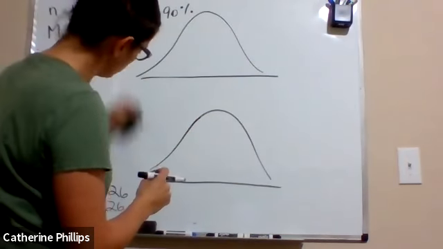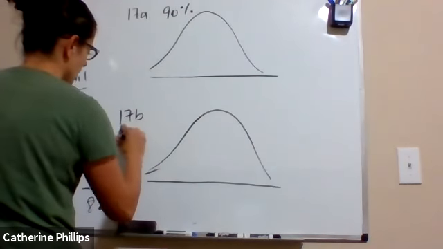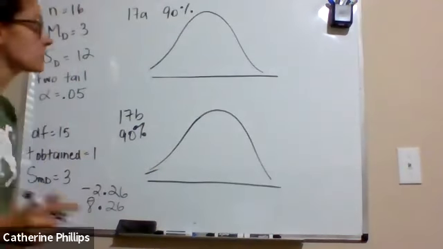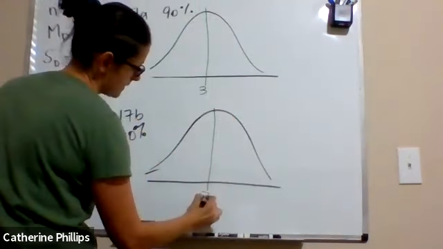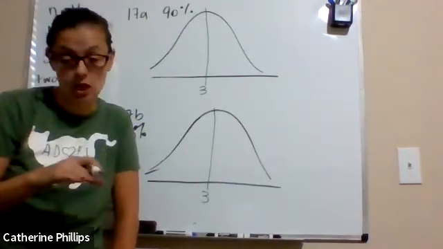Close enough. All right, 17B with a 90% confidence interval. So they're centered on the same number, because they're centered on the mean difference, and the mean difference didn't change.